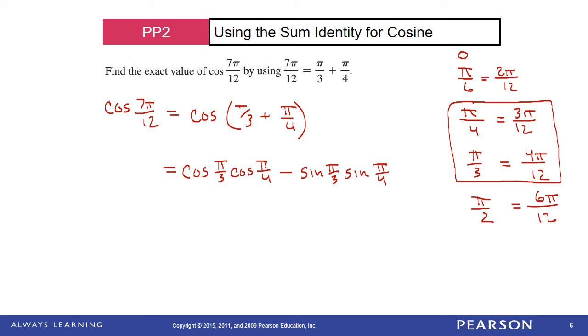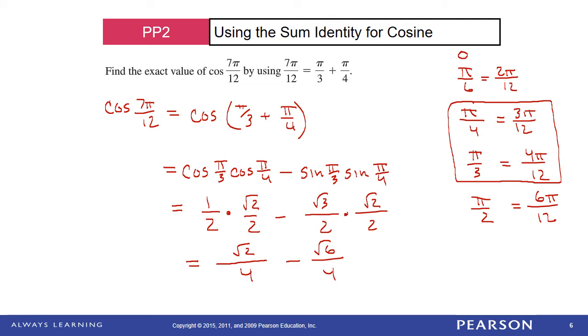All right, the formula given there, cosine of pi over 3 times cosine of pi over 4, subtract this time because of the formula, sine of pi over 3, sine of pi over 4. Again, you should be able to get these values really quick right away here. So 1/2 times root 2 over 2, subtract root 3 over 2 times root 2 over 2.